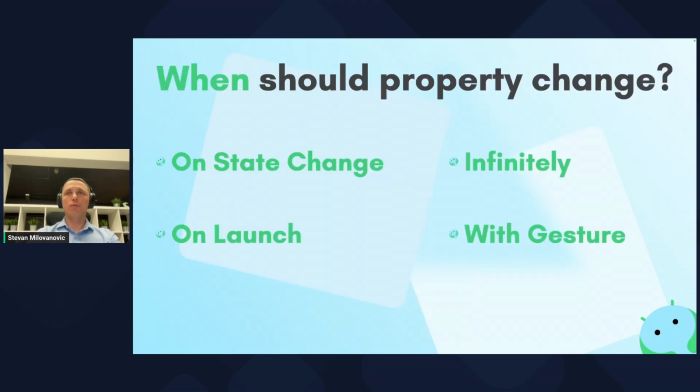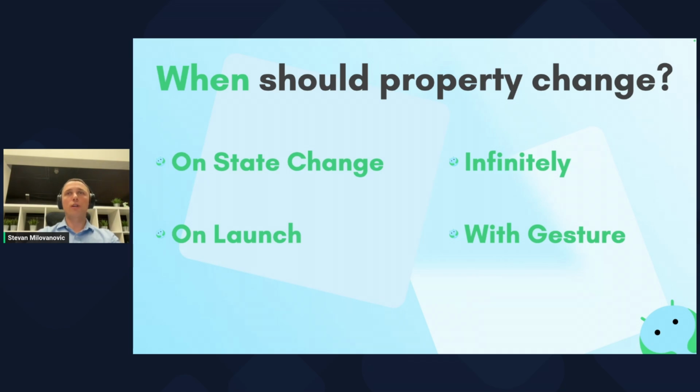The second question we have to answer is when should we change our property? And here also we have a couple of possibilities. The first one is on state change. As we saw previously, you can animate your property on some state change. Another option is to animate it on the launched effect.